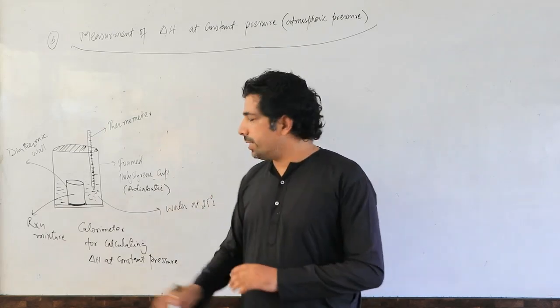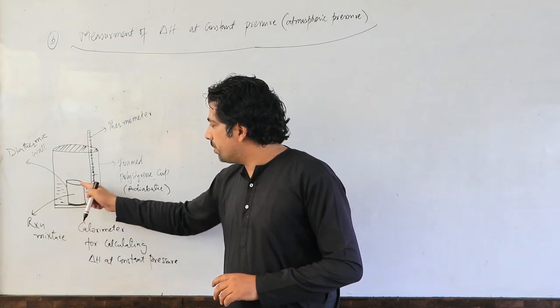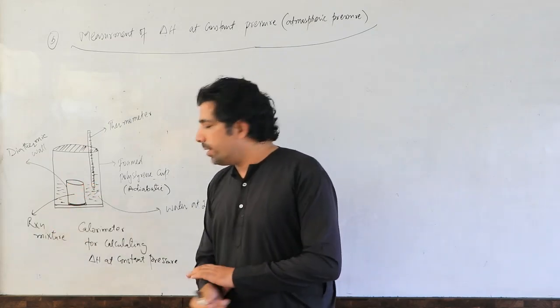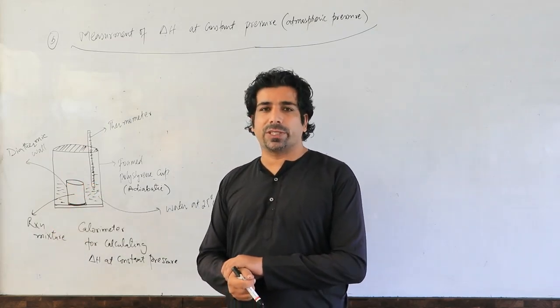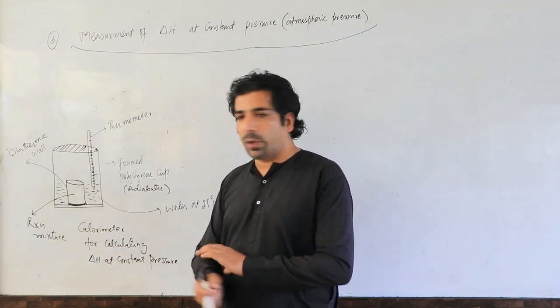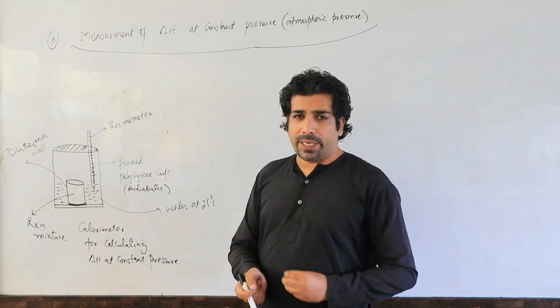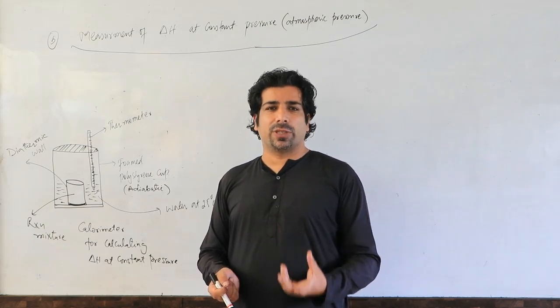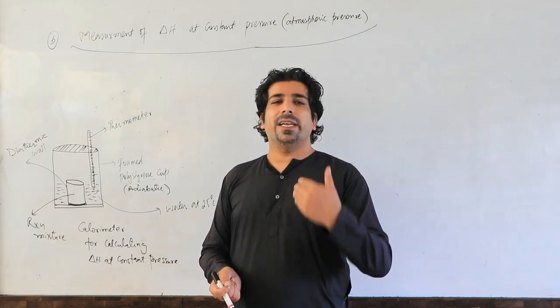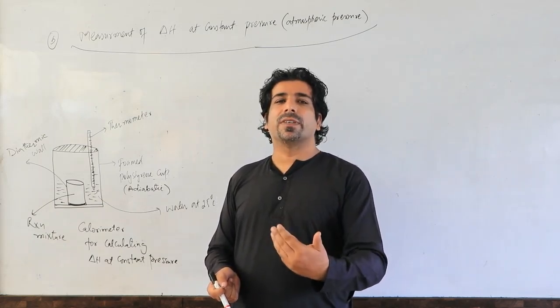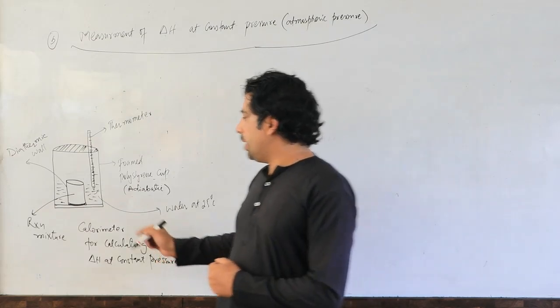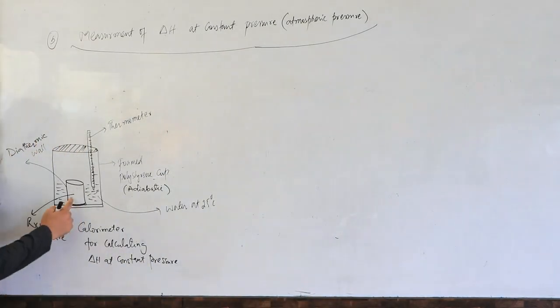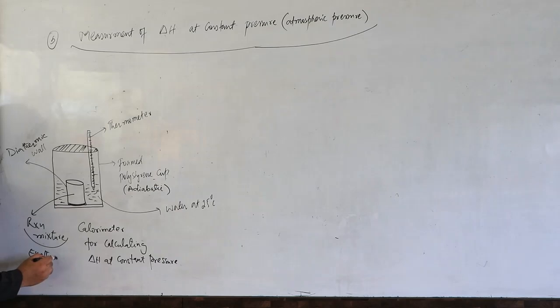So my dear friends, in this particular small cup there is a reaction mixture. Some reaction is taking place in this particular cup. So what is happening? If that reaction is exothermic, then the heat energy will be transferred outside. Let us suppose an exothermic reaction is taking place.